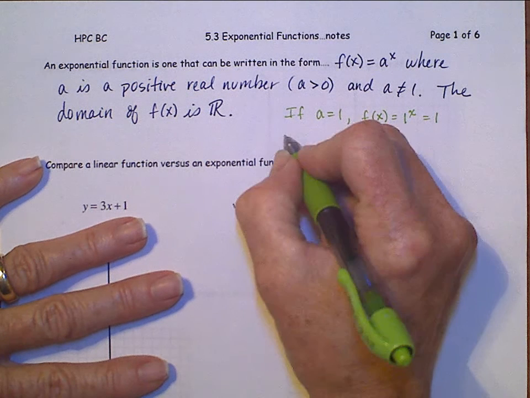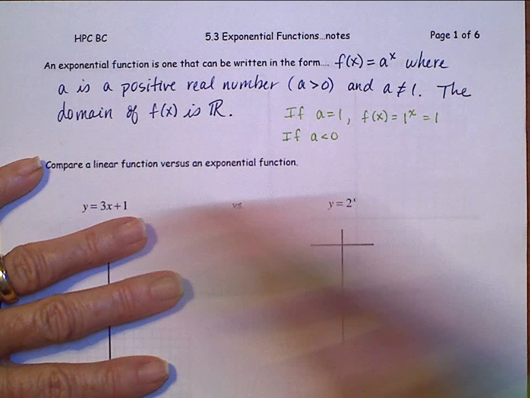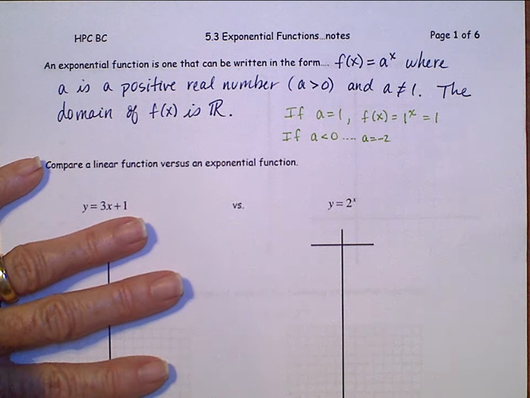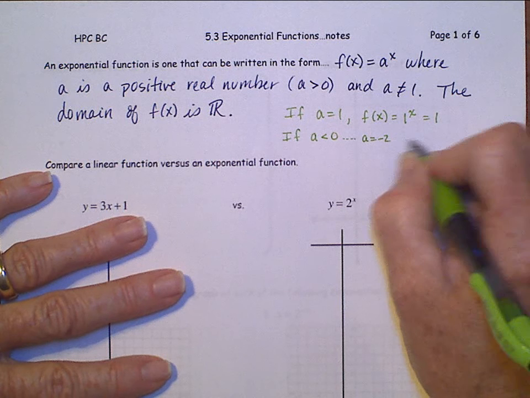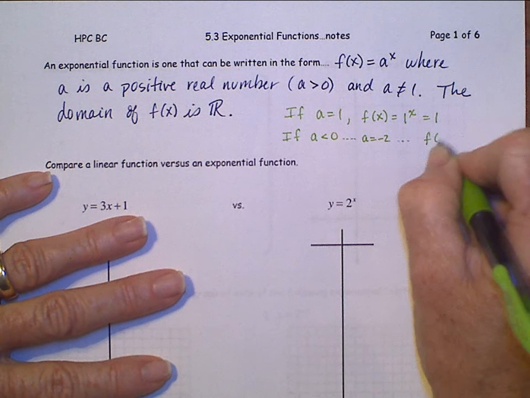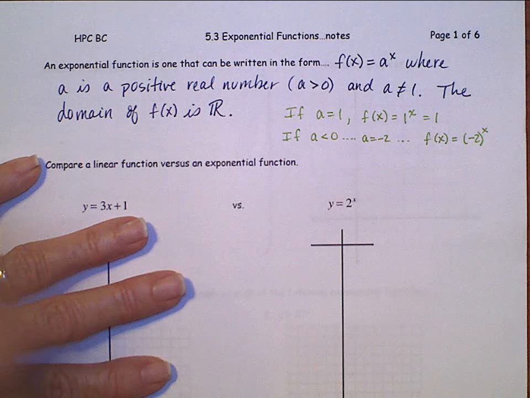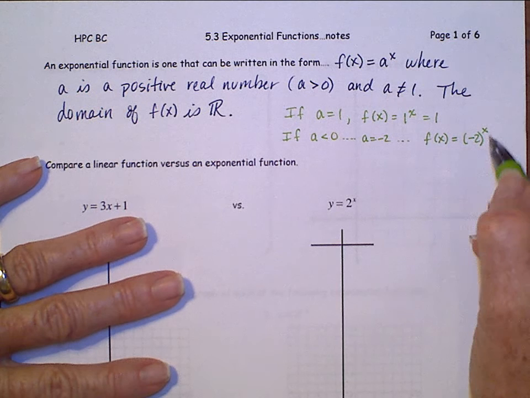Let's look this way. If a is less than 0, say a equals -2, then we're looking at something like this. F of x is equal to -2 to the x. And we run into problems in that if x is even, this will be a positive number.